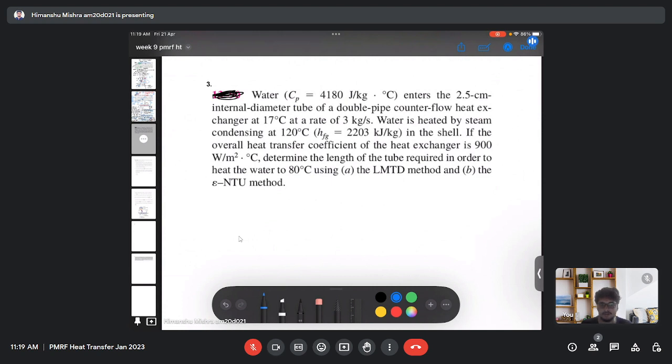If the overall heat transfer coefficient is 900, determine the length of tube in order to heat water to 80 degrees Celsius. We have to use two methods, the log mean temperature difference method and the NTU method.